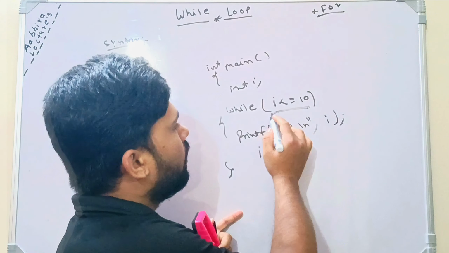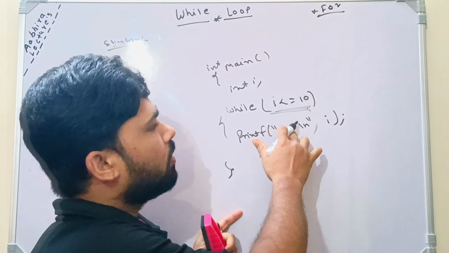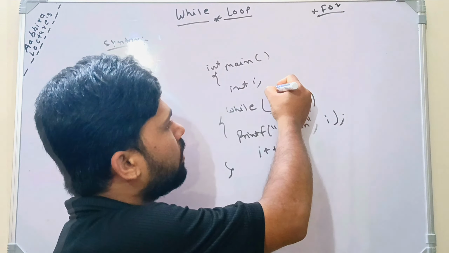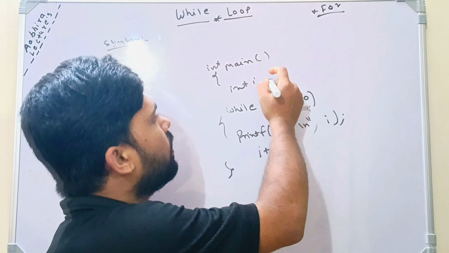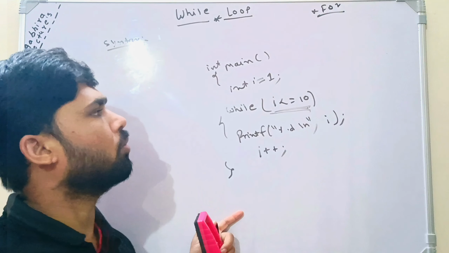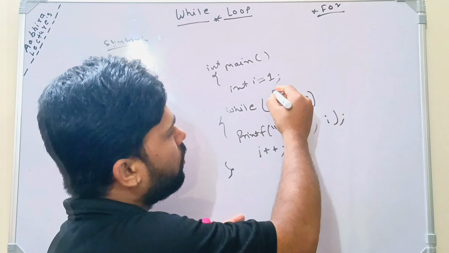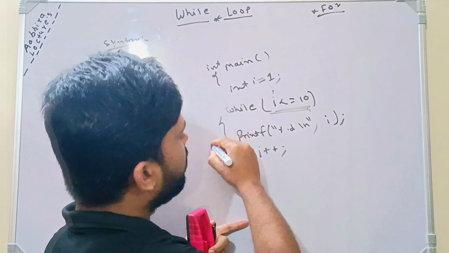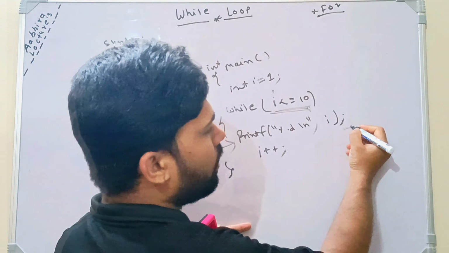First of all, the controller will go and check the condition, i is less than or equal to 10. We initialize i equal to 1 here. So i equal to 1 is less than or equal to 10? Yes, true. Then it will go inside and print 1.